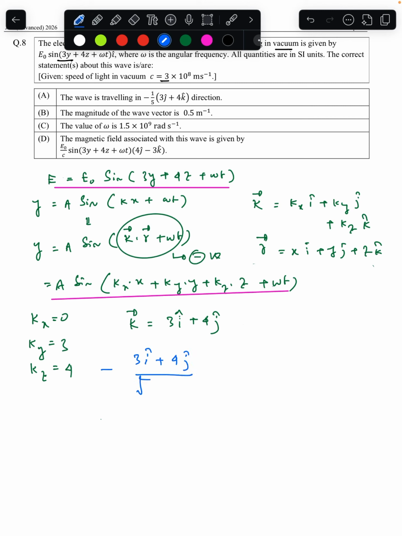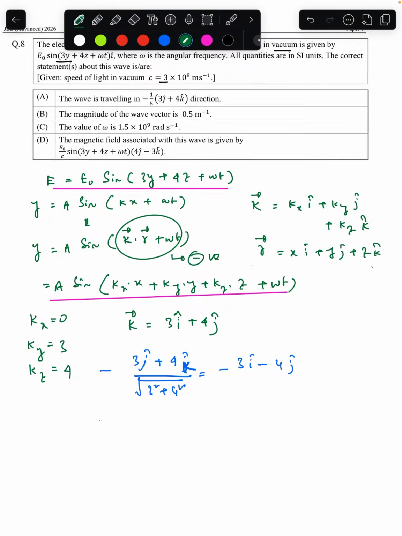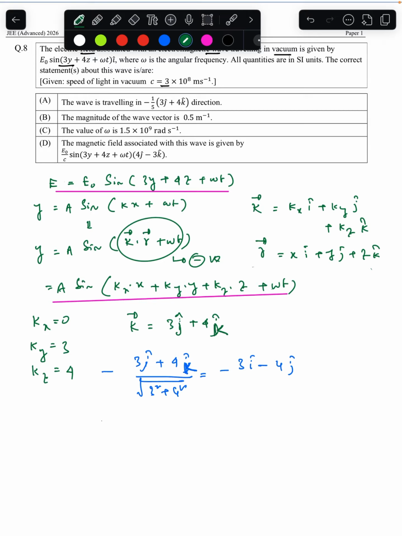The unit vector they are asking for: under root of 3 square plus 4 square is 25, so divided by 5. I'm sorry, this is j cap and this is k cap. K here is 3j cap plus 4k cap. So here it is minus 3j cap minus 4k cap divided by 5, right? So option A is correct.